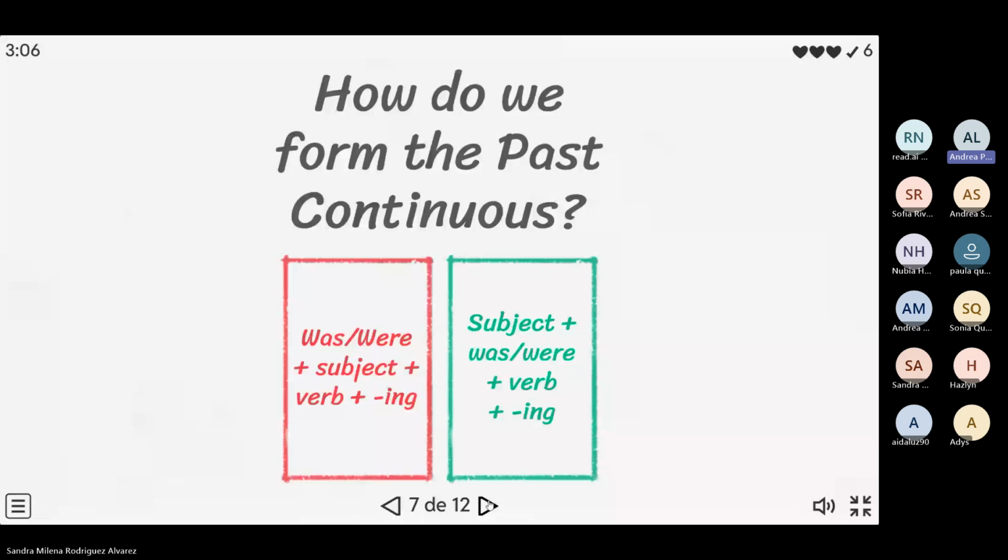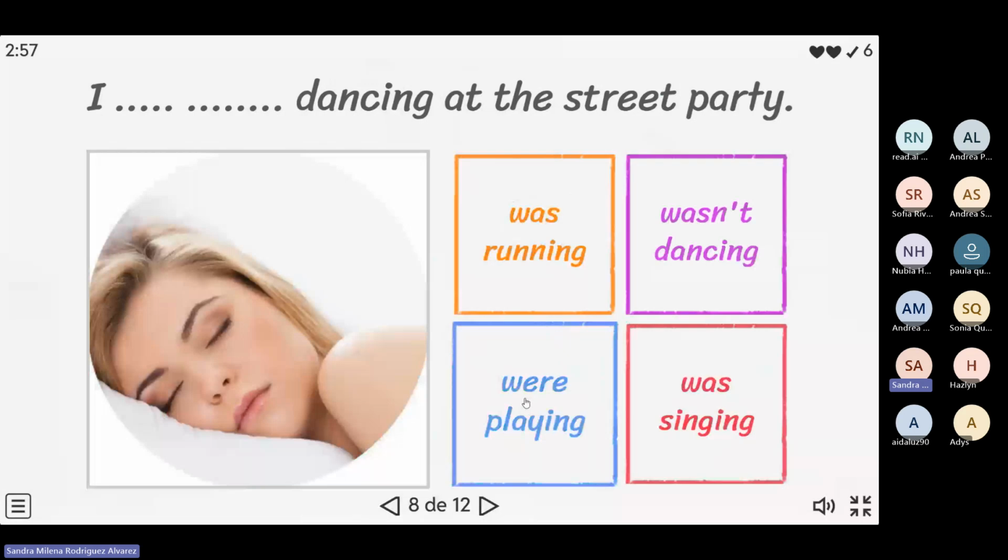Subject plus was or were plus verb plus ing. It was a way of asking. I wasn't dancing at the street party.